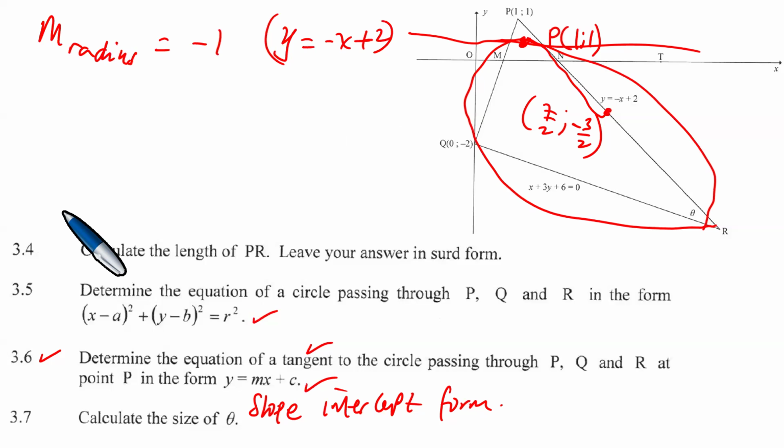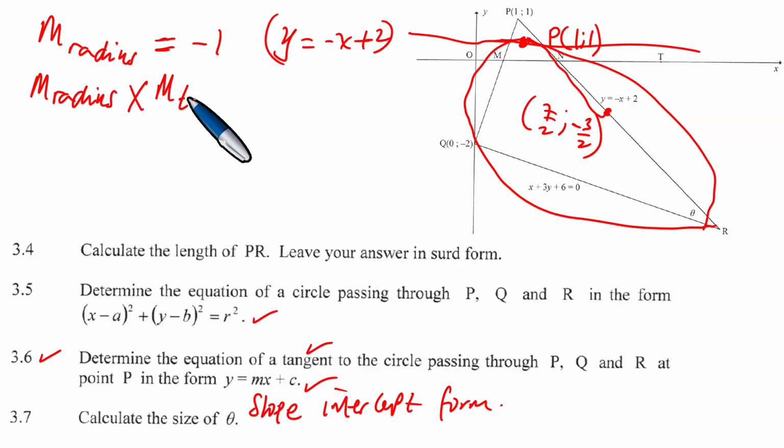If the gradient then is -1, what do we then do? We know that the gradient of a radius and the gradient of a tangent to a circle, if you multiply them, the result is always -1.